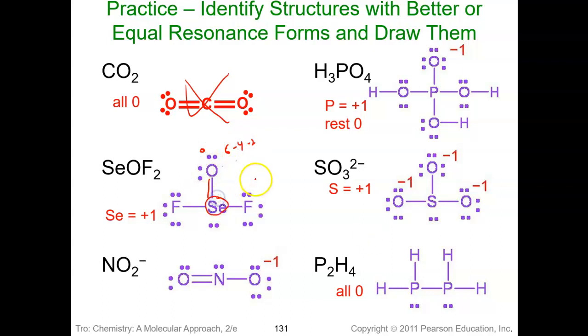Se is group 6, minus 2, minus 1, 2, 3, 4, 0. Look, we just got a better structure. We just moved it in. And it's okay that we expand this octet. If we look at our Se right now, it's got 2, 4, 6, 8, 10 valence electrons around the central atom. That's okay because Se is below the third period, so it can expand its octet.